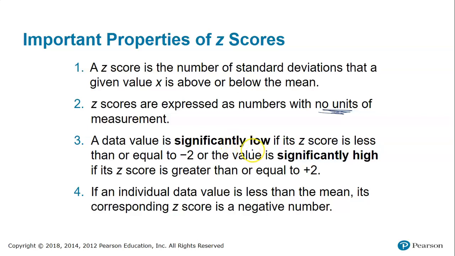So that's the same idea, except instead of having to figure in the standard deviation, because it's already been standardized, you just use the number -2 or the number +2. And then if an individual data value is less than the mean, then the z-score is going to be a negative number.